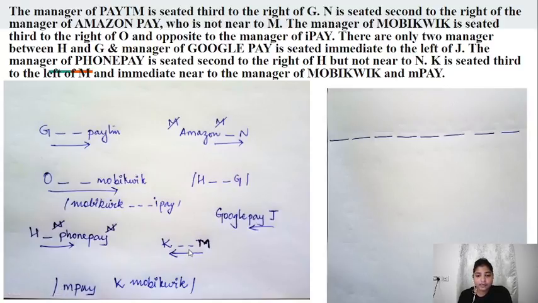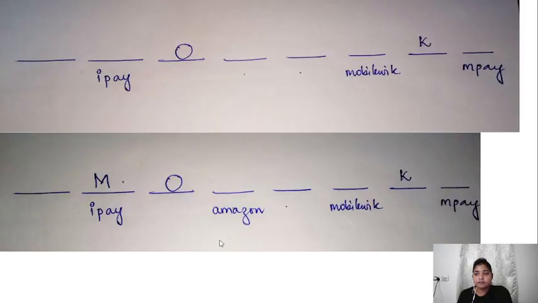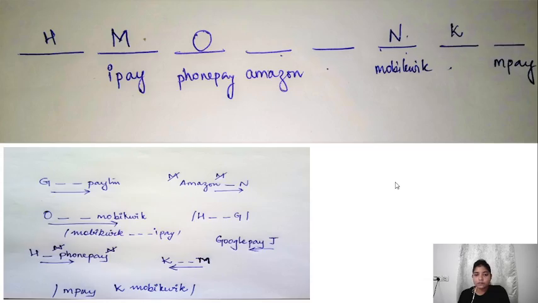Now with K I will choose the next condition. So K is left of M. So K is left of M means 1, 2, M. That means K is seated third left of M. So in this way I will write. Okay, here is the condition. Then I wrote M here.